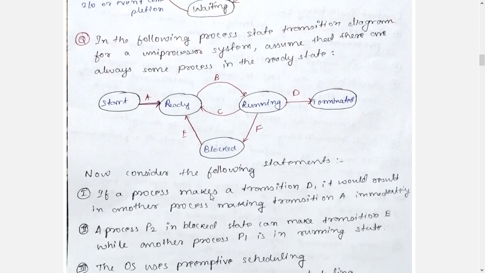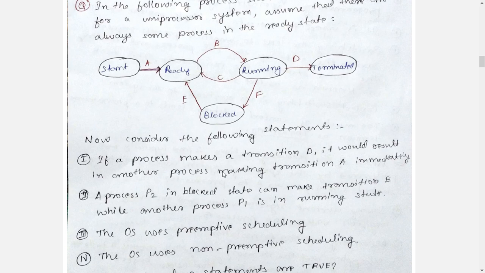If a process makes a transition D, the process is getting terminated, that is, it has completed its execution. So if a process makes a transition D, it would result in another process making transition A immediately. So it is saying a new process arrives in the ready state.